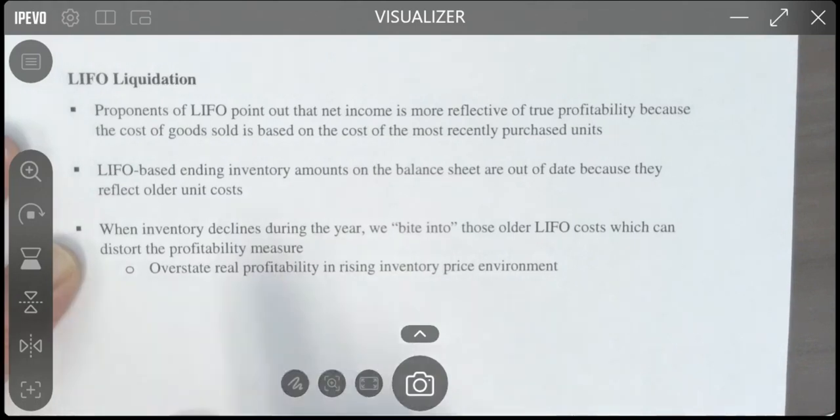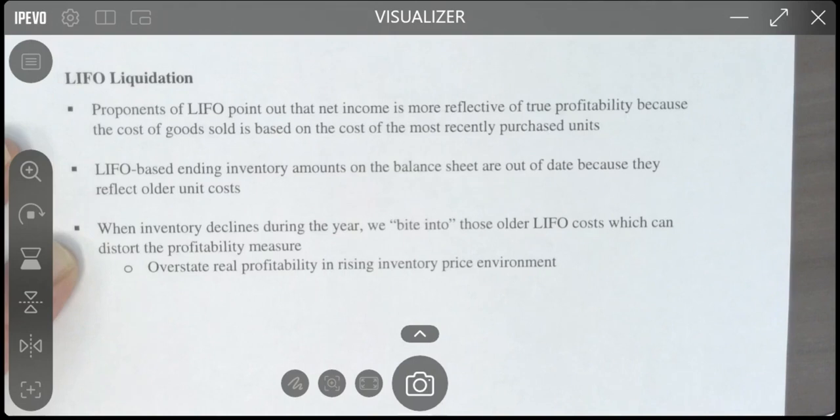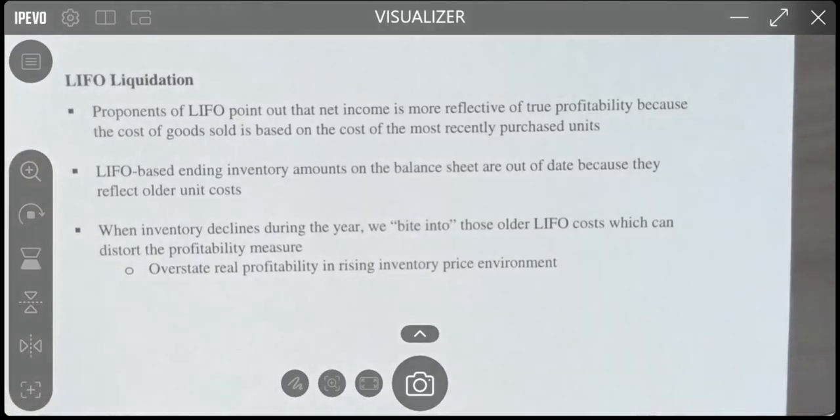That's called a LIFO liquidation. And it serves to overstate real profitability in a rising inventory price environment by debiting cost of goods sold for unit costs that might go back many years. That's a LIFO liquidation. You see them occasionally in practice.